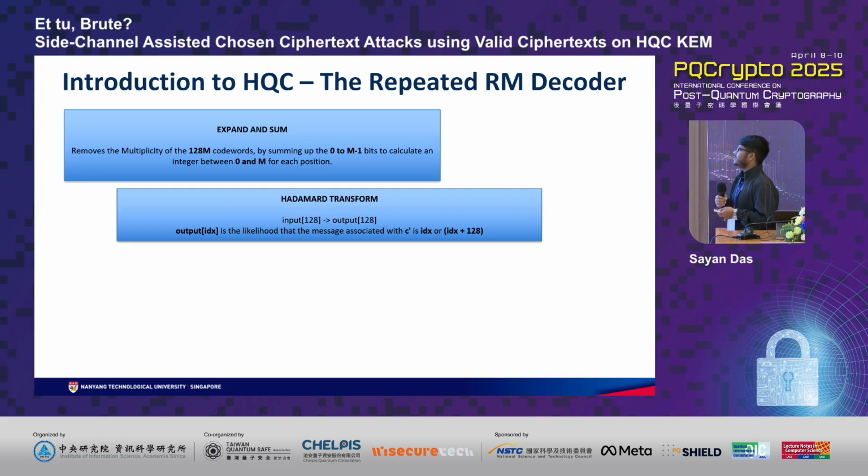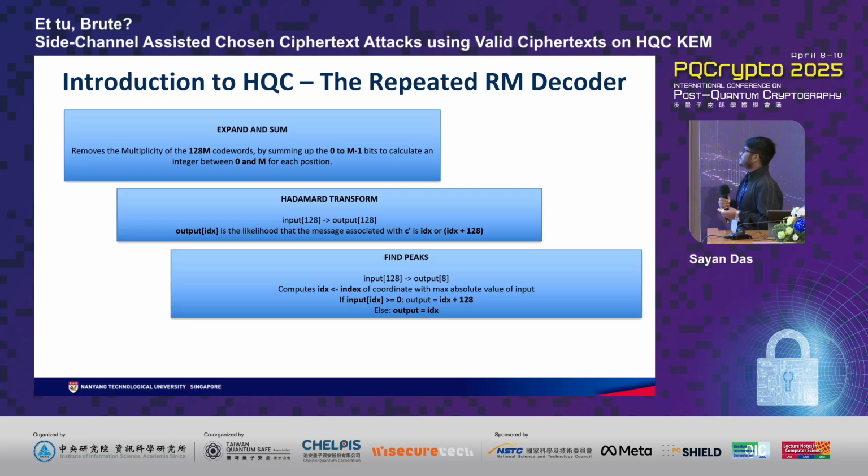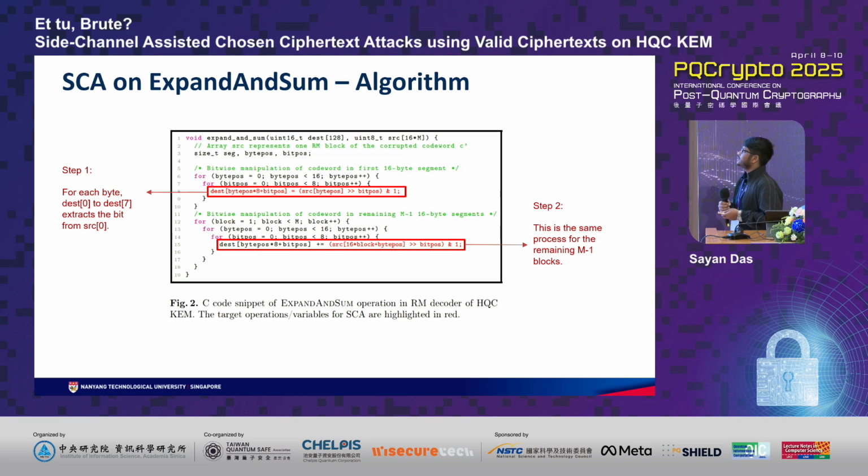This is done to calculate the likelihood that the message associated with the corrupted code word is index, or the binary representation of index plus 128. Then comes find peaks, which is the operation that finds the position of the highest absolute value. So we target these two operations, expand and sum, and find peaks in our attack, and let's get to it.